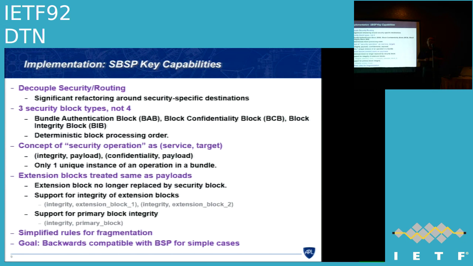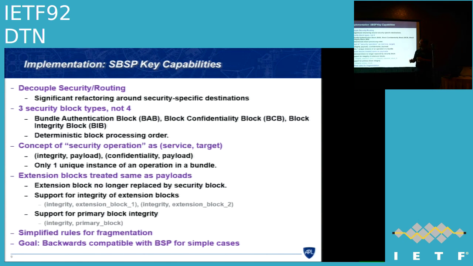The design decision that we made to make this streamlined and to try and reduce the amount of recursive cascading operation was to assert that only one unique combination of service and target is allowed in a bundle at once. So if you say integrity payload and then you say confidentiality payload, you're not allowed to then do another integrity payload and another confidentiality payload and another integrity payload.